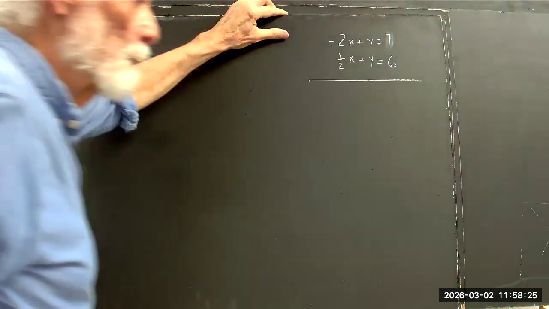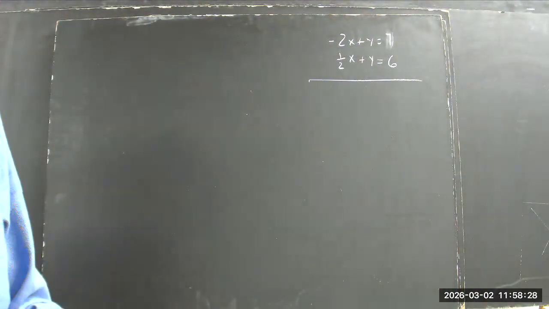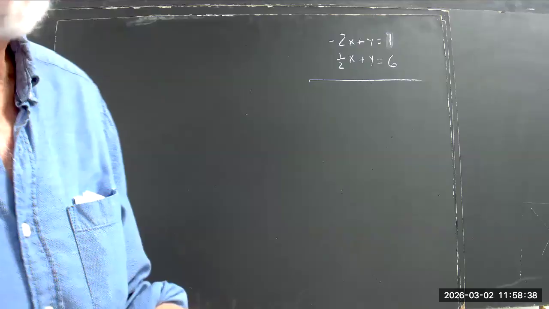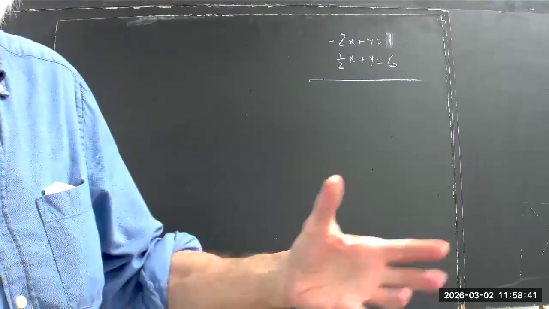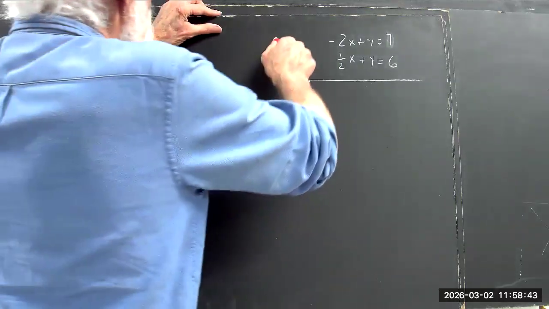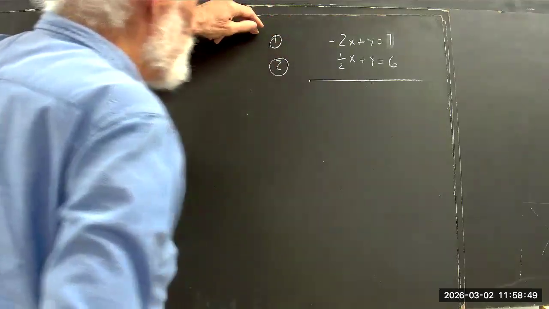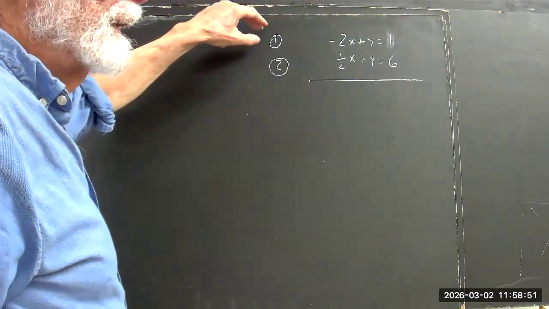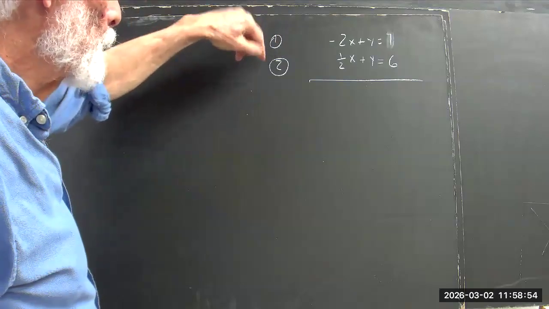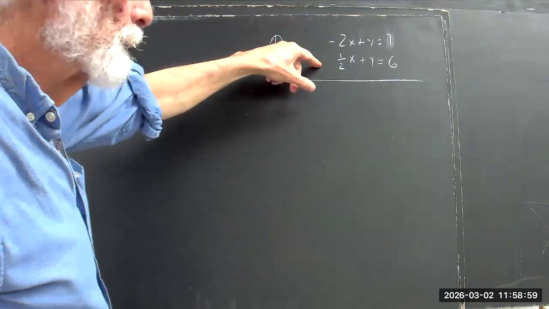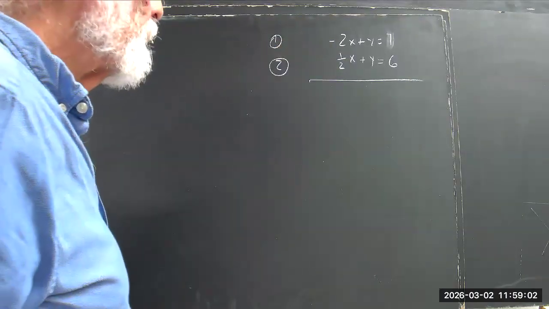Now I'm going to give you an algorithm here, and I really strongly urge you to do as I say, okay? If you think you can shortcut it, it's on you. And maybe you can, okay? I'm going to put a 1 in front of this equation and a 2 in front of the second equation. Okay, so the first equation is equation circle 1. So when we say circle 1, for right now, it refers to the first equation. And a circle 2 refers to the second equation. Okay?